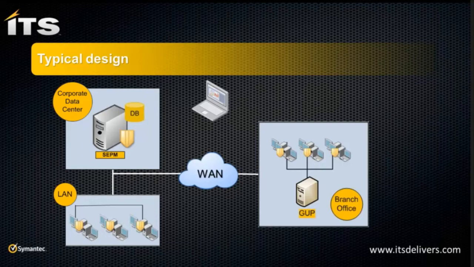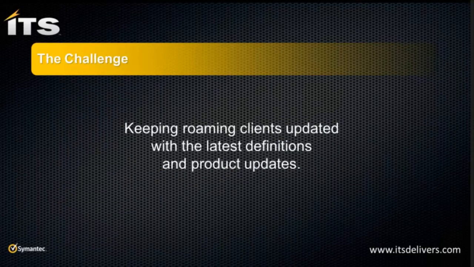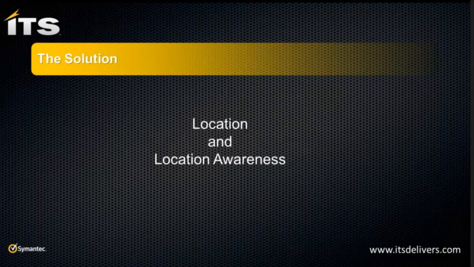And so they can't connect to the GUP. They can't connect to the SEPM. And what we have is our problem today, and that's how do we keep this laptop user updated with the latest virus definitions? Well, the answer to that is location and location awareness.